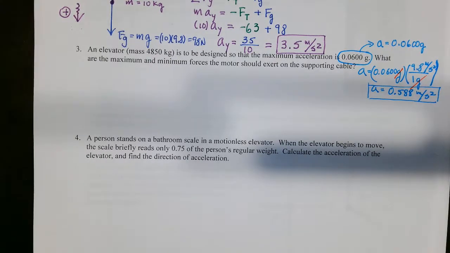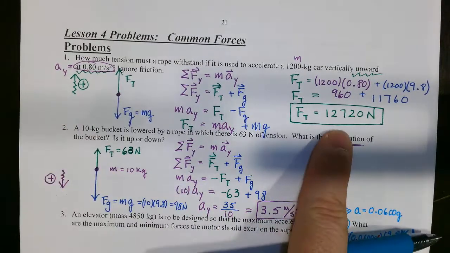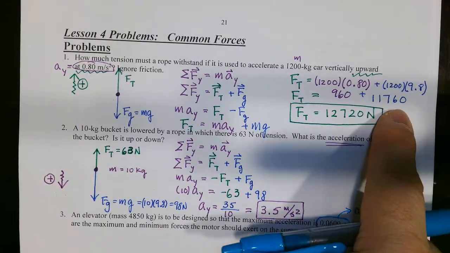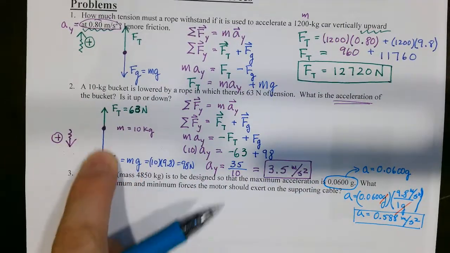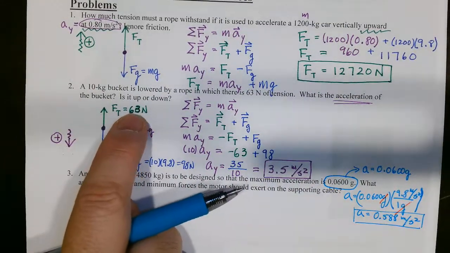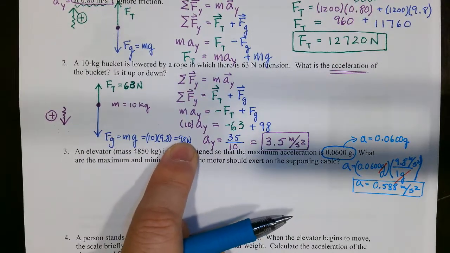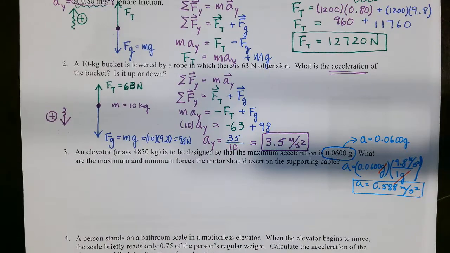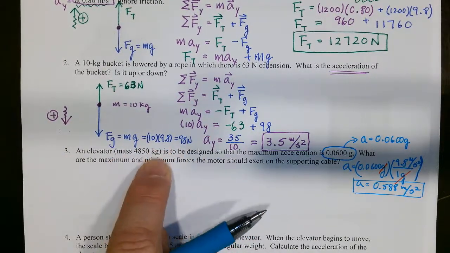Now, when things are accelerating upwards, notice how the tension becomes greater than my Fg. When things are accelerating downwards, my tension is definitely less than my Fg. So we don't have to worry about when things are accelerating down. We have to worry about things accelerating up. Only when things are accelerating upwards, the tension has to be greater than the Fg.